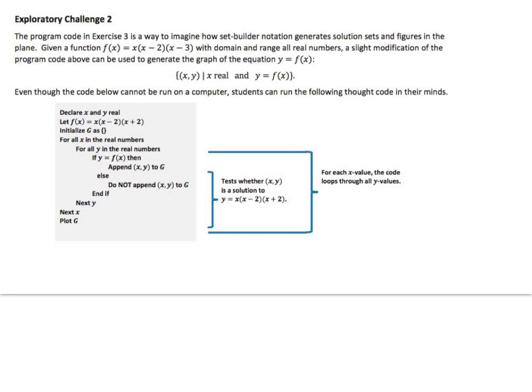A computer stepping through all numbers x from negative infinity to positive infinity on the x-axis is impossible. It can get darn close. You can set up something to pick all real numbers to a certain decimal place, but negative infinity to infinity, it would just keep on running and running because there is no end to infinity, correct?